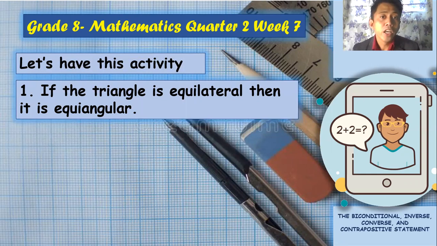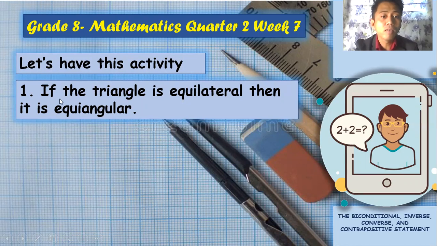Yes, exactly. It was written in the form of an if and then statement, right? There is an if, wherein our if is the hypothesis, and then we have the word then, wherein our then is the conclusion. So we have if, and our hypothesis is the triangle is equilateral. Then we have the word then followed by our conclusion: it is equiangular.